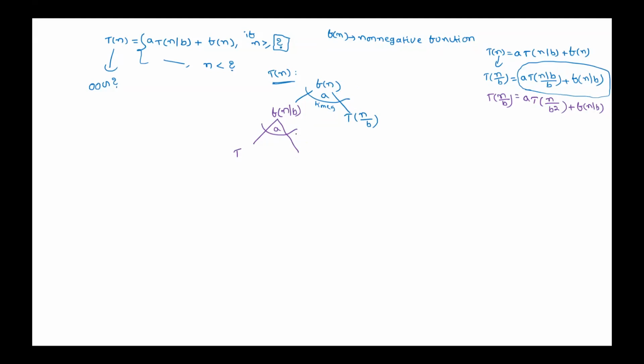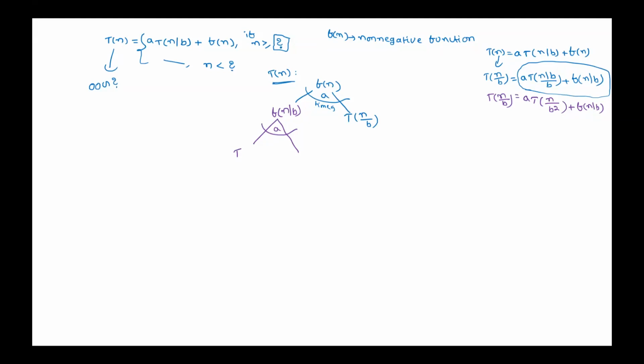Sir, f of n means to divide problems, a number of steps are performed, and then finally a subproblems are created, like that a times T of n by b. I understood that a multiplied by f of n times is performed to divide into two problems. No, not like that. Okay, then clear.